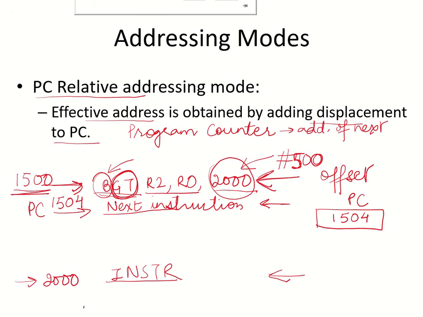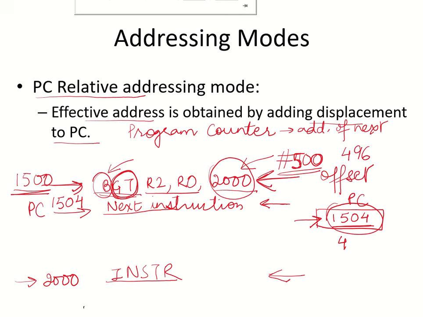There is a little twist over here. The twist is that the PC is not containing 1500, but it is containing 1504. And the offset has to be added to the value in PC. So the offset that should come in this instruction should not be 500, but 496.